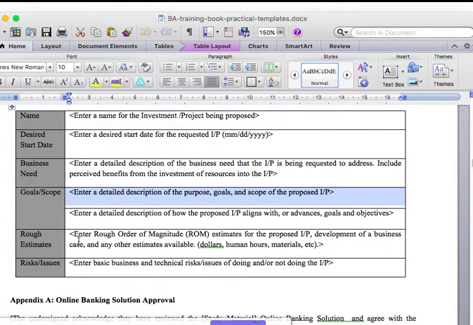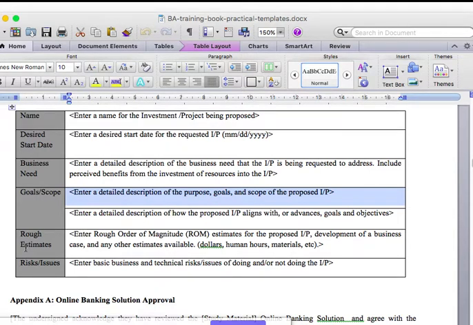So when you are seeking an investment, or first proposing some change and then seeking investment, the first thing you have to ensure is that it is addressing the problem or opportunity, and second, that it is in line with the organization strategy and goal. This is where you have to describe how it is aligned with the business objectives.